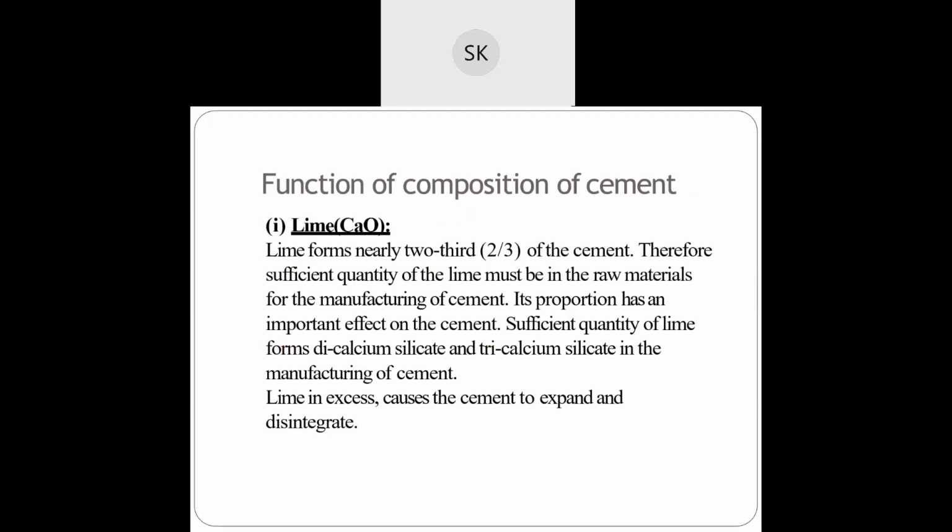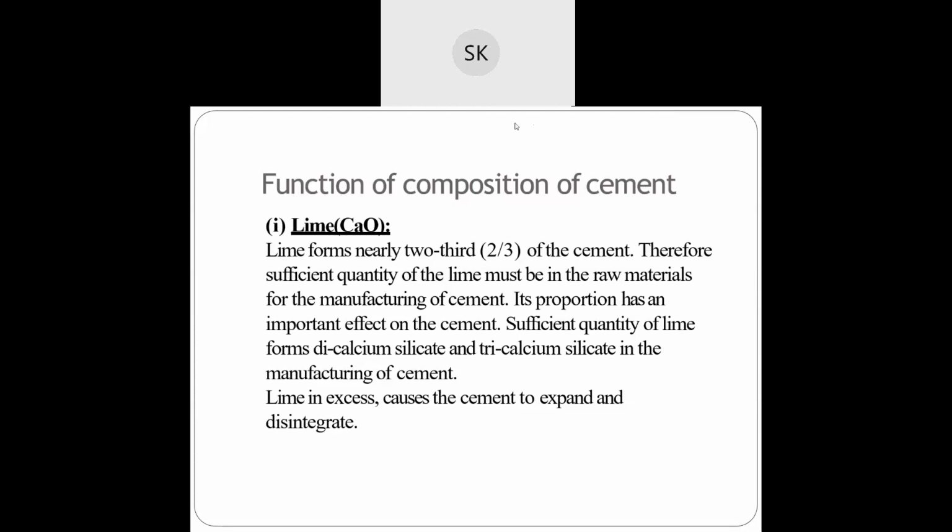Now what is the function of each composition of cement? What is the function of lime? It is nearly 2 by 3 of the cement. Therefore, sufficient quantity of lime must be in the raw materials. So the raw materials you are using for cement making should have lime. This is the main ingredient in the raw materials, and it should be in sufficient amount for manufacturing of cement.